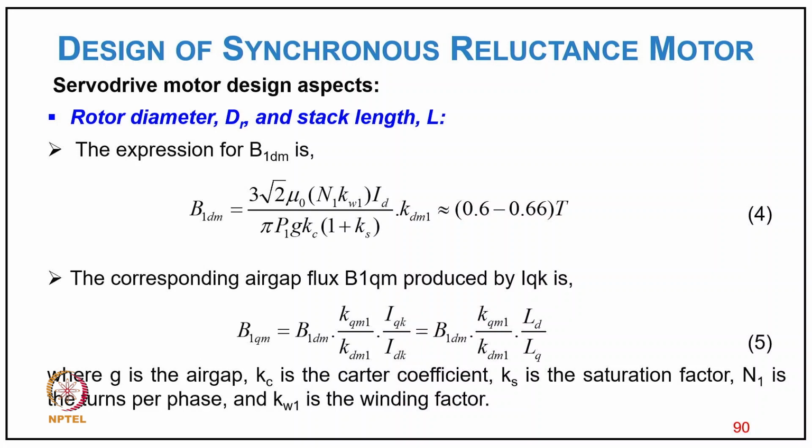The corresponding air gap flux for Iqk is B1qm equal to B1dm Kqm1 into Idk Iqk divided by Kdm1 Idk, equal to B1dm Kqm Ld upon Kdm1 Lq, where g is the air gap, Kc is the Carter coefficient, Ks is the saturation factor, N1 is the turns per phase, and Kw1 is the winding factor.